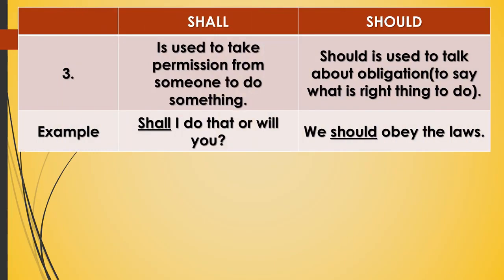Number 3. Shall is used to take permission from someone to do something. For example, shall I do that or will you? While should is used to talk about obligation, to say what is the right thing to do. For example, we should obey the laws.